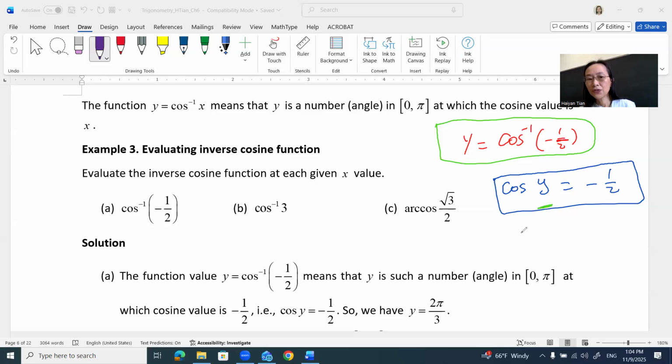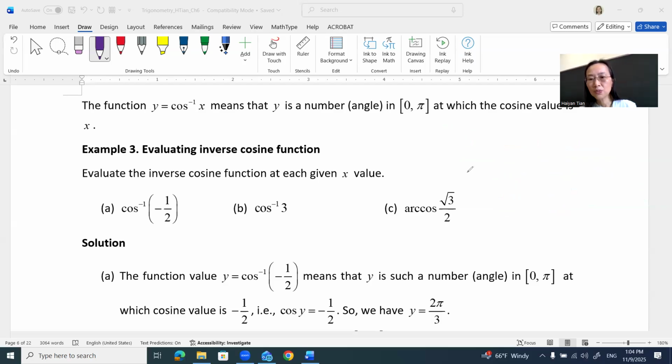And remember, you are looking for the y over 0 to pi. So this y has to be on that interval from 0 to pi whose cosine is negative half. So what is the y? If it's positive half, you know it's pi over 3.